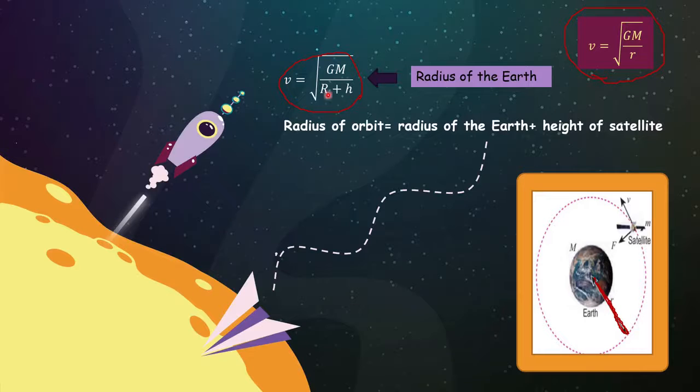But this other formula is divided by capital letter R plus h. Capital letter R is the radius from the Earth's center to the Earth's surface, and h is the height of the satellite, which means the distance from the Earth's surface to the satellite. So, the radius of the orbit is equal to the radius of the Earth plus the height of the satellite.